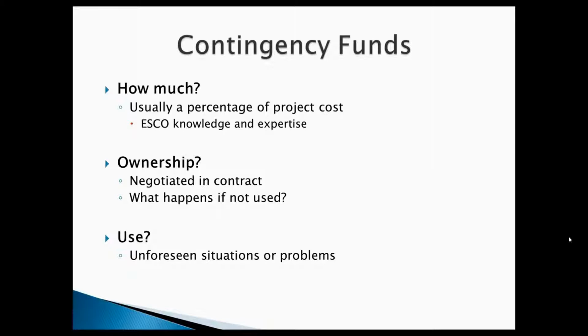So you can use contingency funds for that. Unforeseen problems or situations come up, and if you don't have one of those projects, but there's no problem, you need to take a look at how to correct situations or problems within a contract that has no change orders. So you really want to take a look at that.